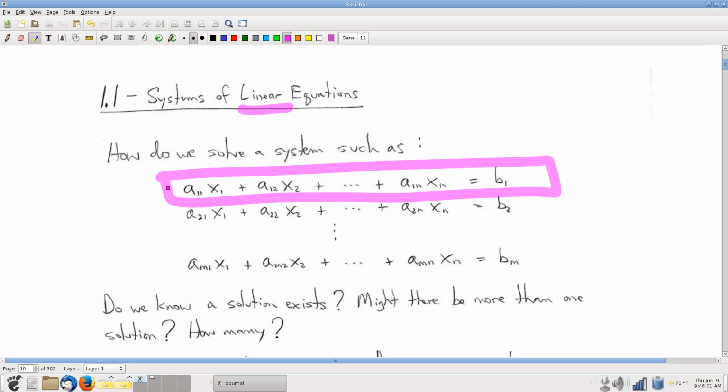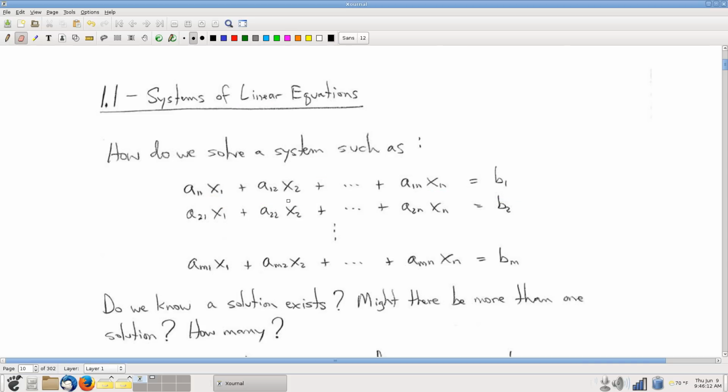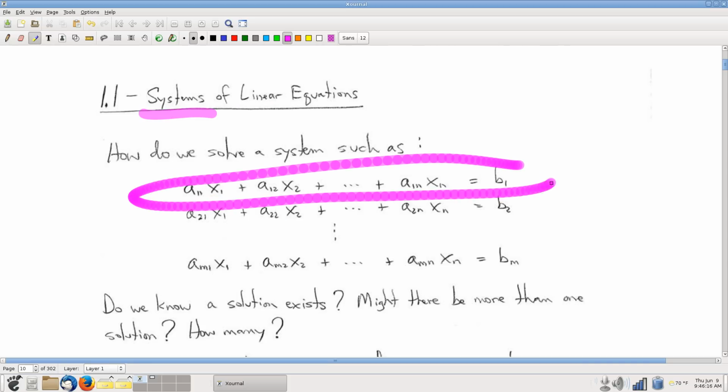Now there is a more sophisticated point of view on why we call these linear equations that we'll talk about later in the course. For the moment, I think the intuition is reasonable. And it's a system because, well, we're not just considering one equation at a time.